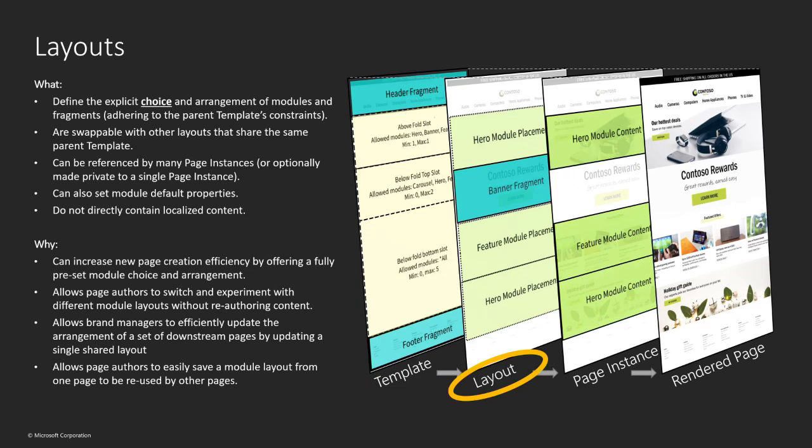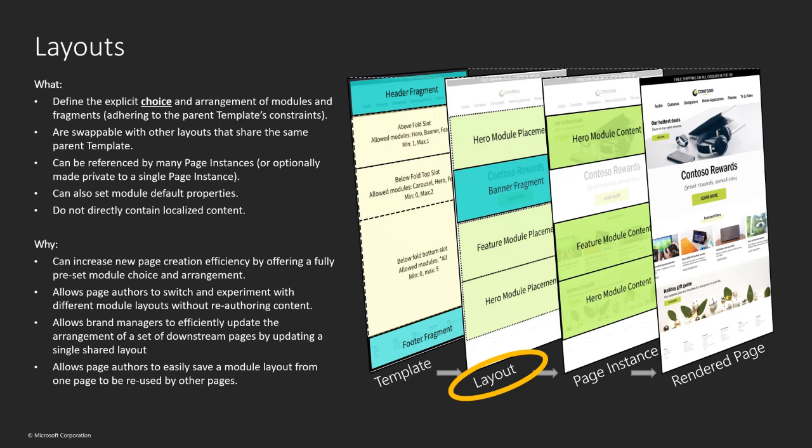The other thing to understand here is that when you use layouts well, they can really increase page efficiency, because we do allow you to create pages directly from a template. When you do that, you're still choosing all the different module options that might be available.